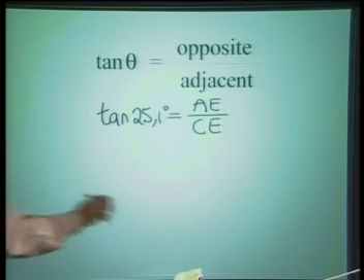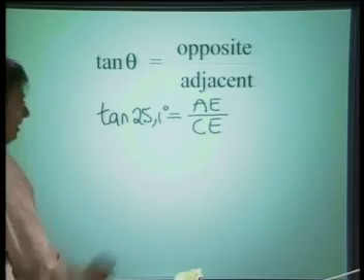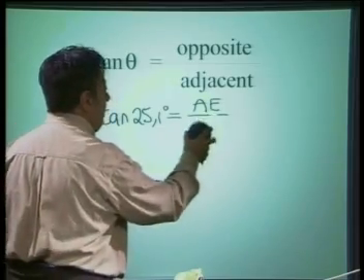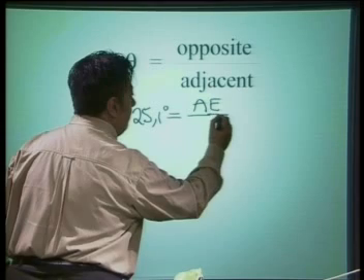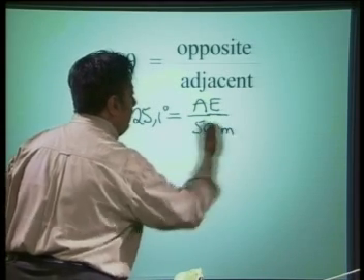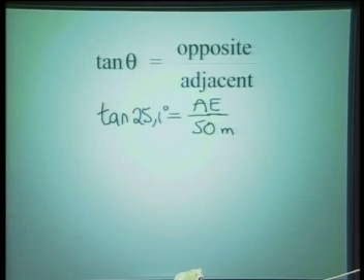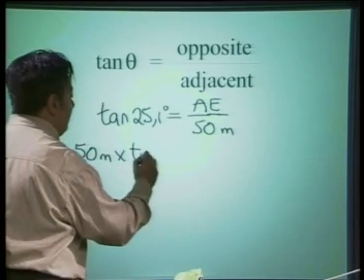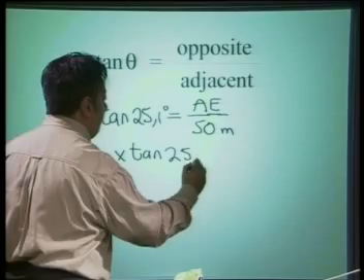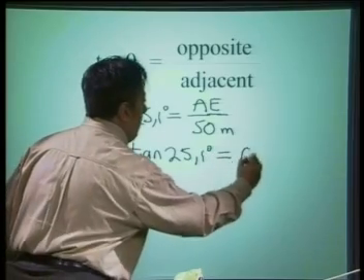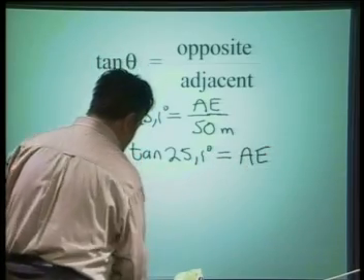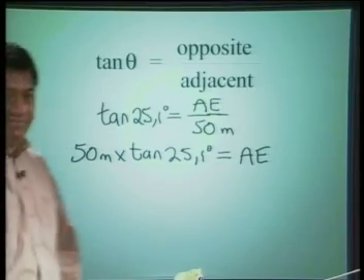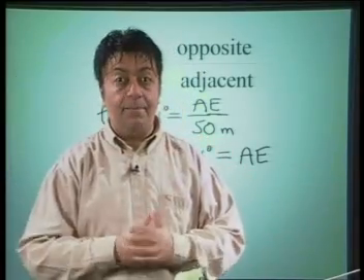And we know that CE is 50 meters, so in place of CE, I can write 50 meters, but we want AE alone, so let's multiply both sides by 50. So 50 meters times tan 25,1 degrees will be equal to side AE. Calculator time. Are you ready?